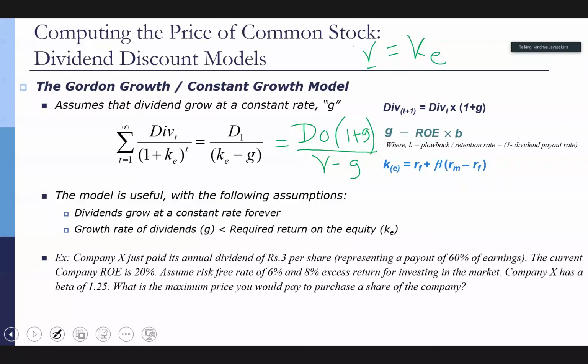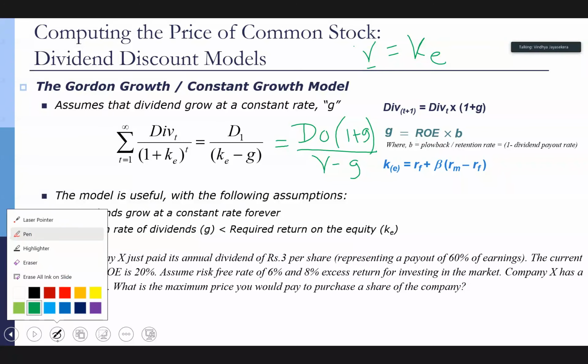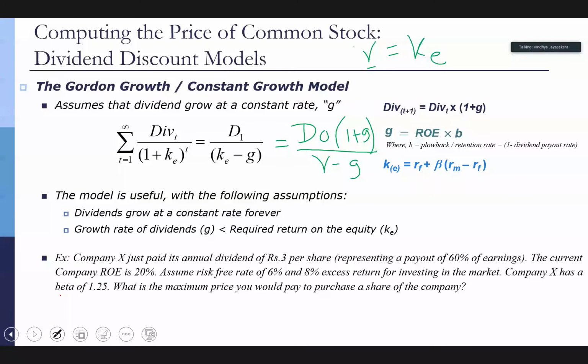You'll see in a little bit why. But another equation that you would need to know to do these sums is sometimes how to get the growth rate. And the growth rate we say is my expected ROE or target ROE into how much I retain back inside the company, 1 minus dividend payout.